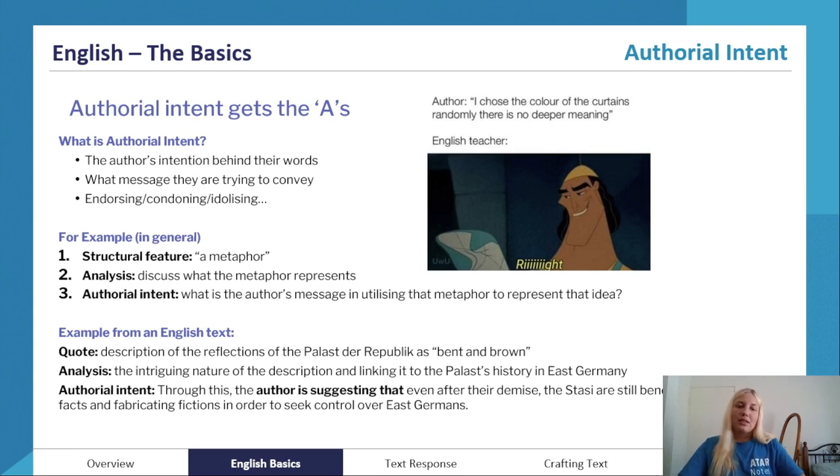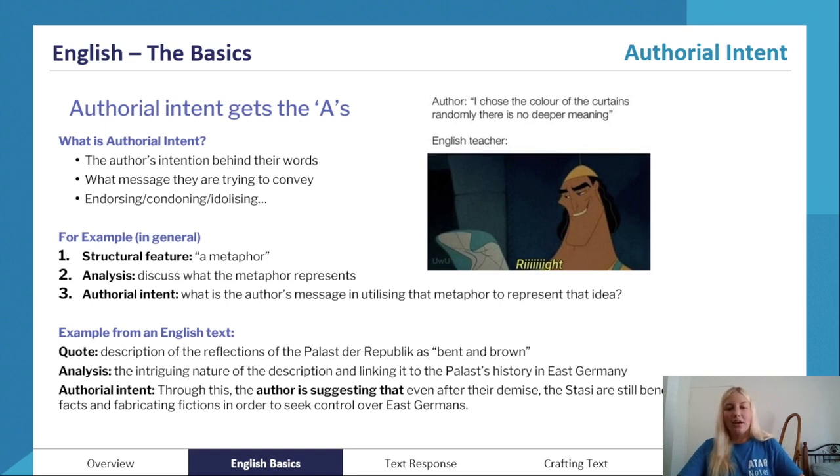So in general, as an example of how you can do this, let's imagine you took a structural feature such as a metaphor. Your analysis of the metaphor is a discussion of what the metaphor represents, zooming into the language and examining the effect of the language itself and the language device. You choose to discuss this further.